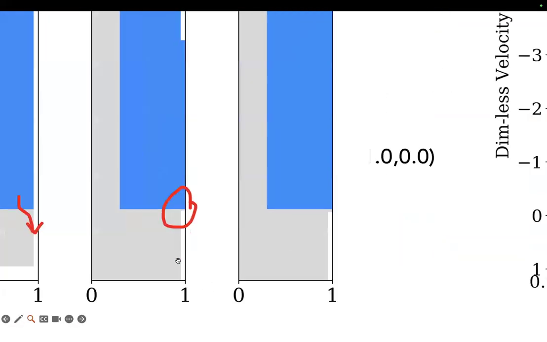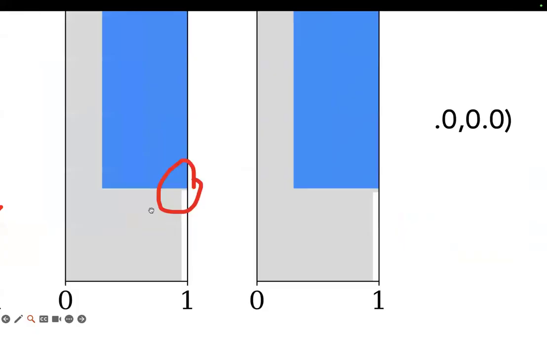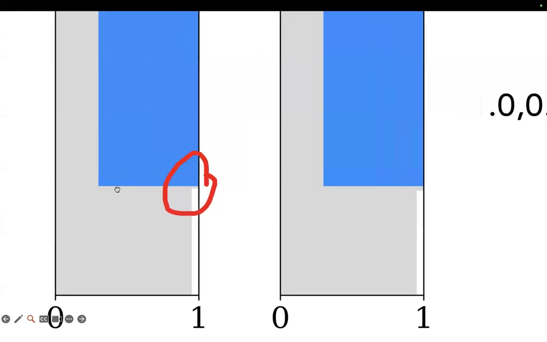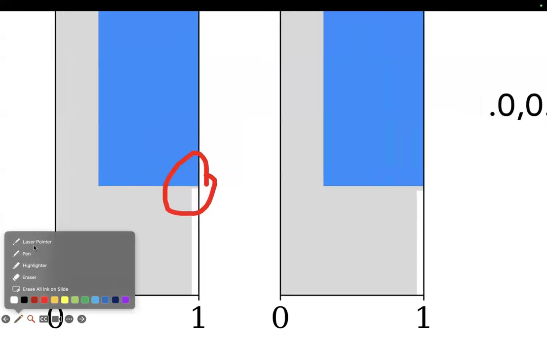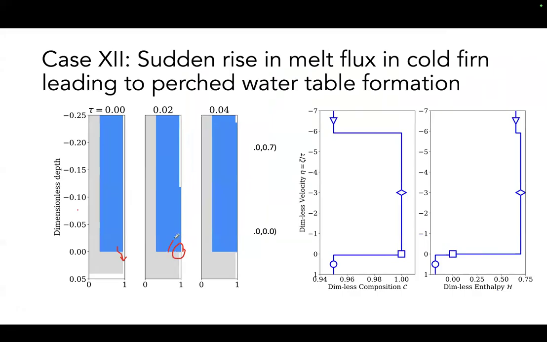Let me try to zoom in. You can see that there is an impermeable ice layer at this point, which means there is no flow of water. So the solution again is you have a rising perch water table S1 star.